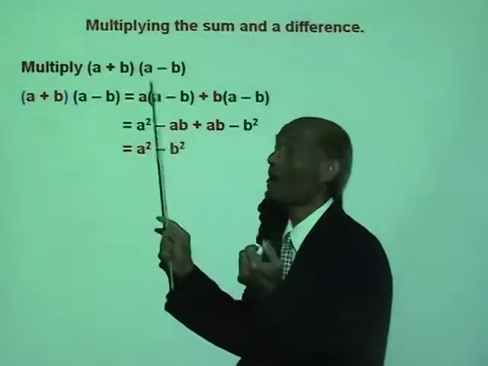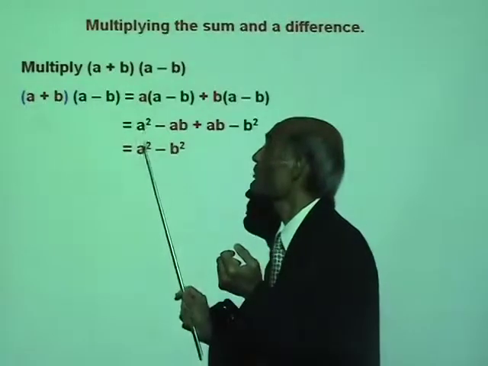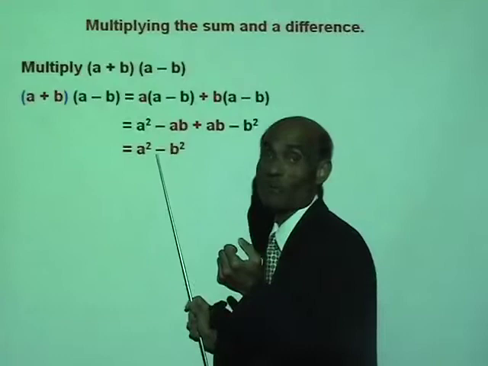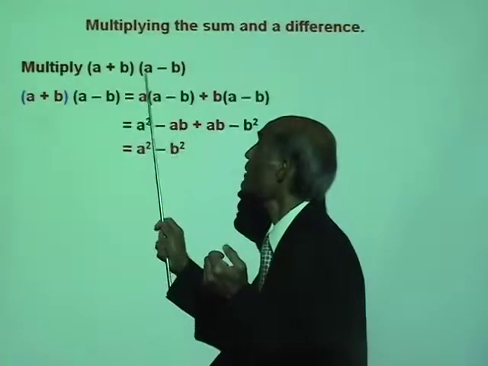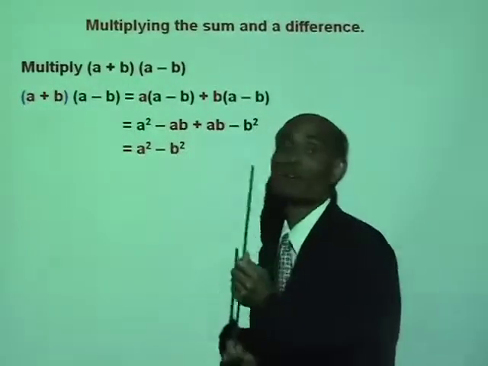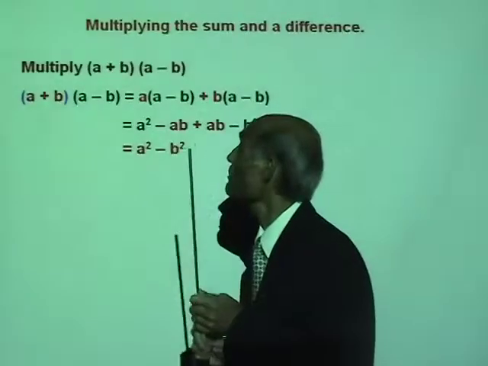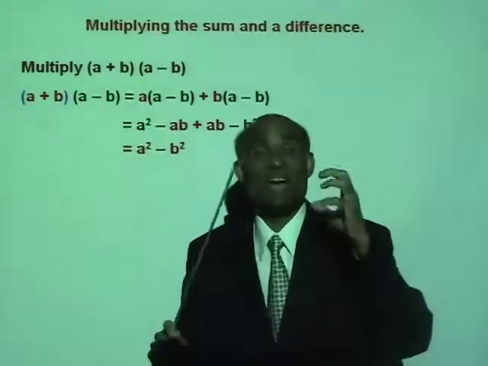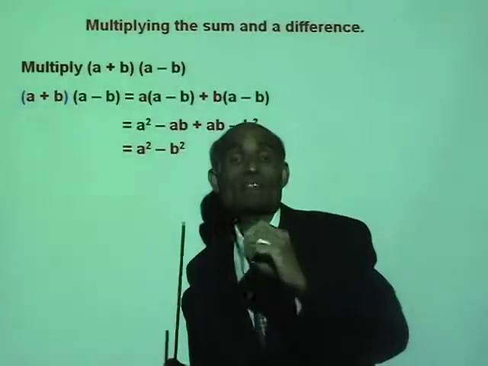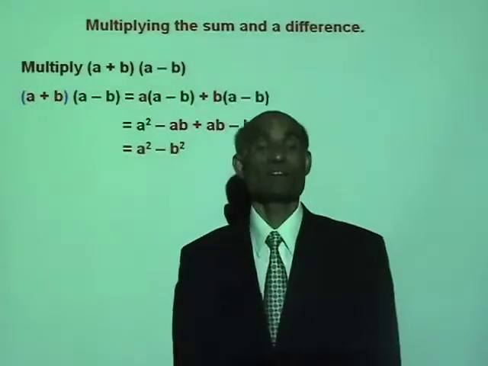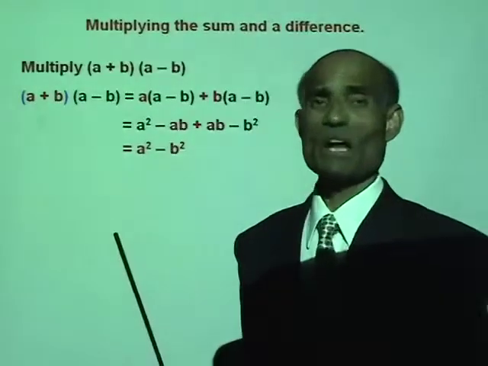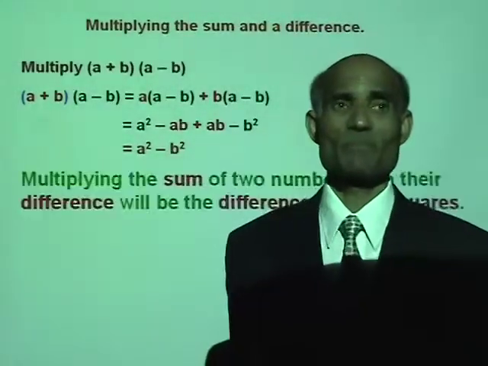The two terms are the square of the first number minus, always it will be minus, the square of the second number. You see, a plus b times a minus b is a squared minus b squared. A very simple result, a very important result that you cannot forget.